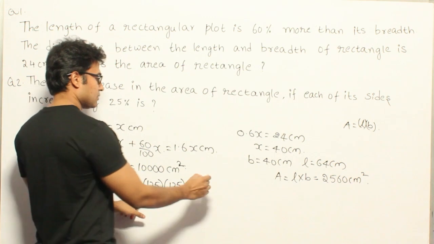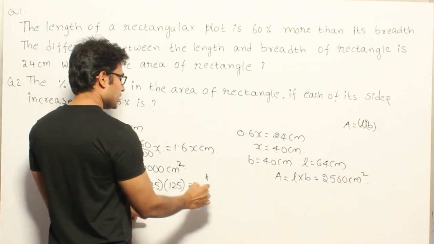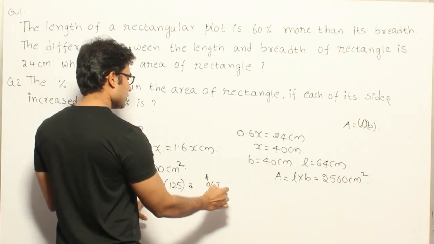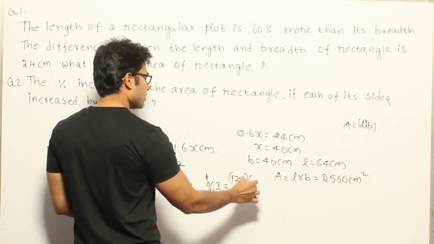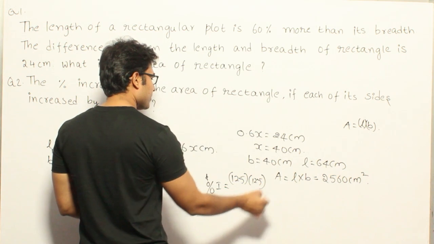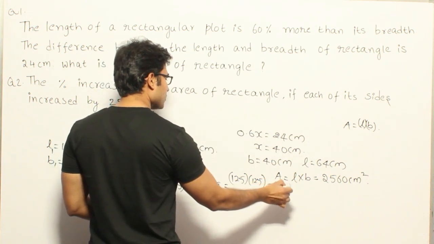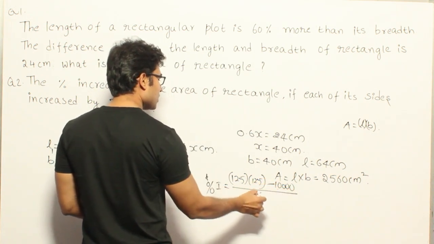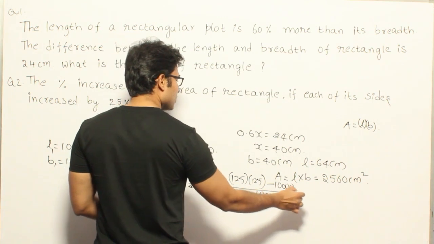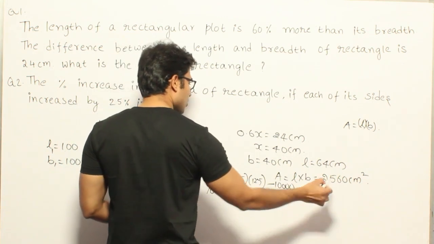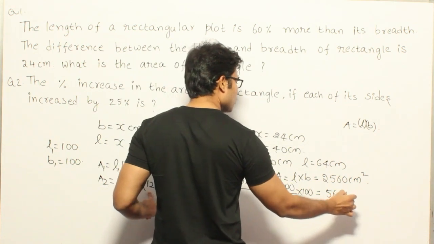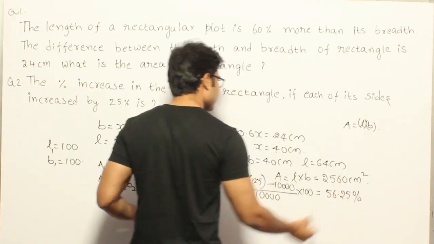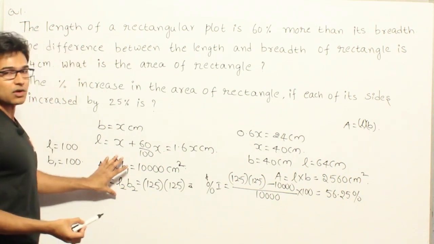So the percentage increase is equal to final area, 125 into 125 minus initial area 10,000, divided by initial 10,000, into 100. So if you compute this, you are going to get it as 56.25%.